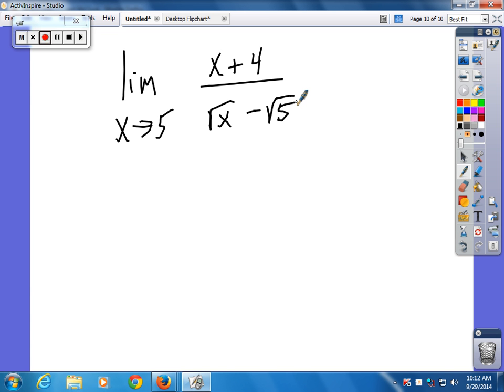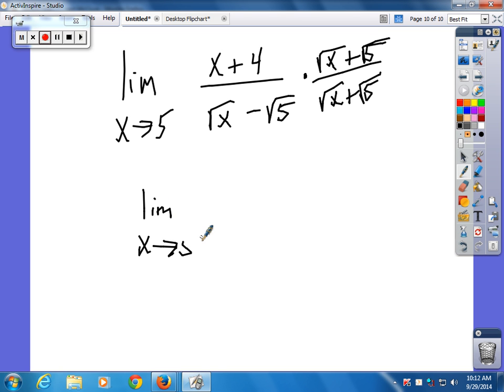So, what do you have to do? You have to multiply by the what? Conjugate, Hubert. That's right, class. Thank you. I heard somebody say it. And what does that give you? It gives you limit as x approaches 5 of x plus 4 times square root of x plus square root of 5.